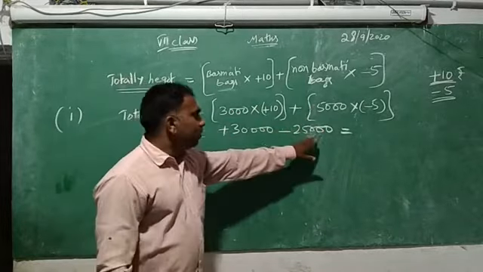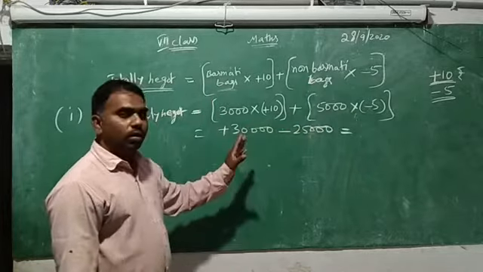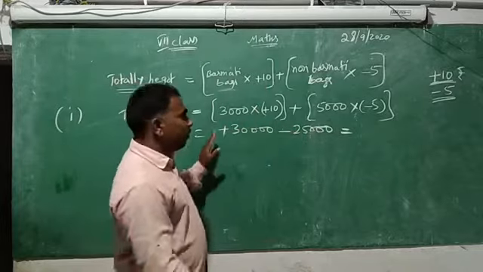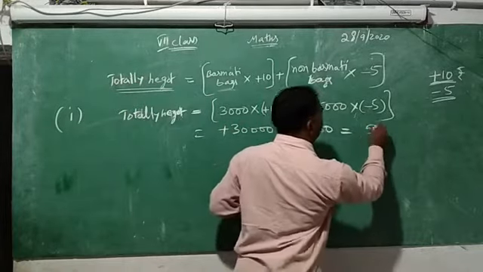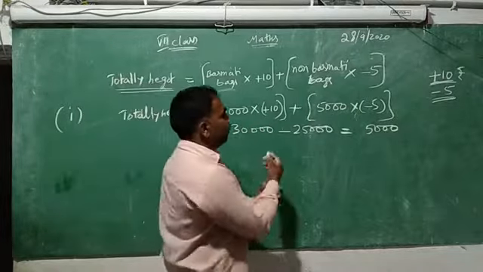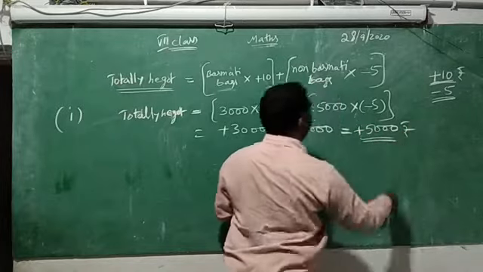So plus 30,000 minus 25,000. This is simplification, not simple combination. Both are different signs, so we should do the subtraction, which gives 5,000. Which is bigger here? The positive is bigger, so the answer will be plus 5,000 rupees he got in total.